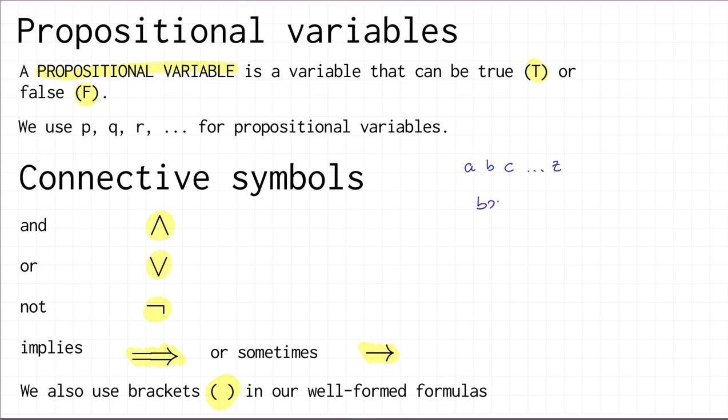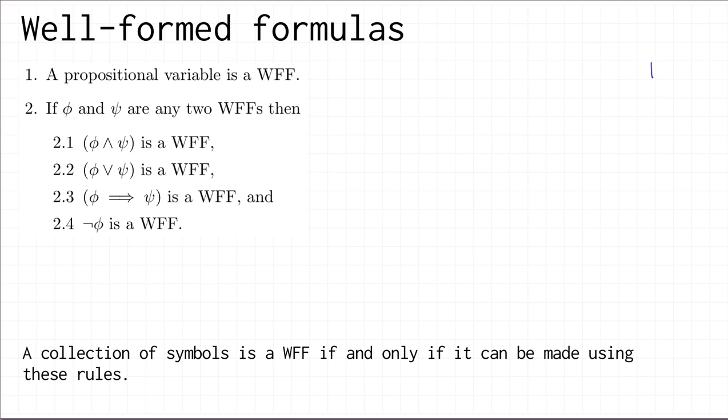Like B, X, V, Y, Y, Z, as far as I know, is not a meaningful English word. So we have some rules which tell us which collections of these symbols make a formula to which we can give a logical meaning. And those rules are on this slide. We're going to define exactly what is and what isn't a well-formed formula.